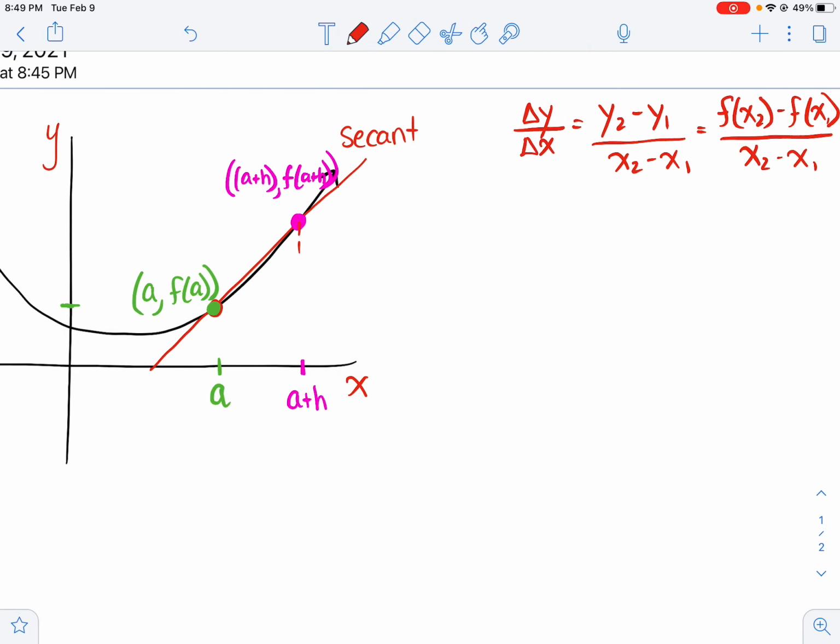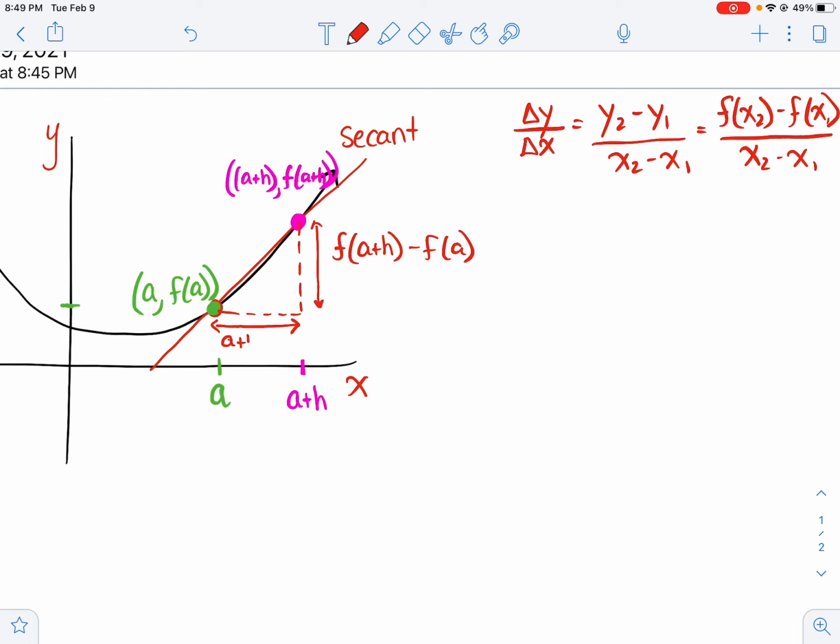So that's how I'm going to label my 2 points. When I'm finding the rate of change, the rise over the run, to get the rise, I'm just subtracting my y values. So f of A plus H minus f of A. And to figure out the run, I'm just subtracting my x values.